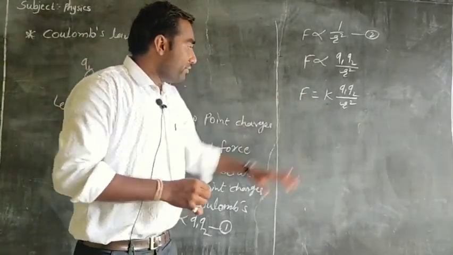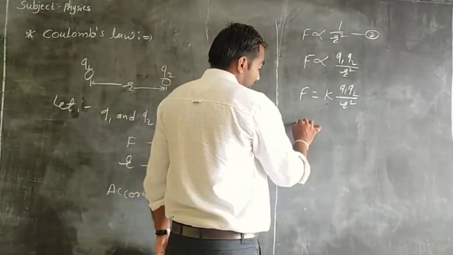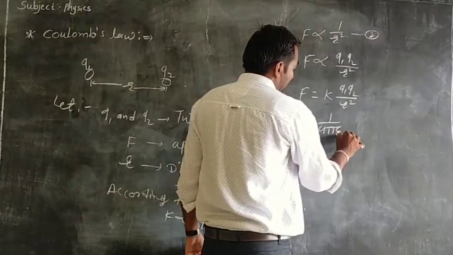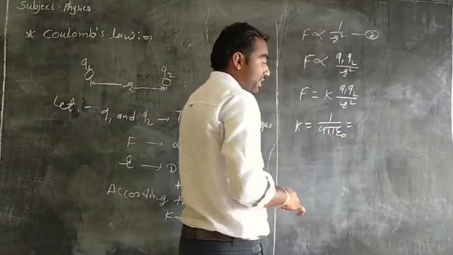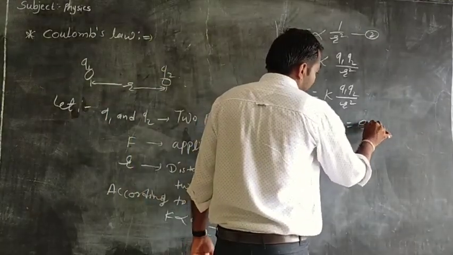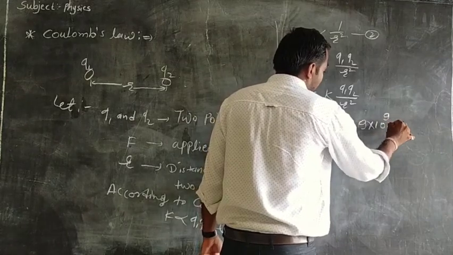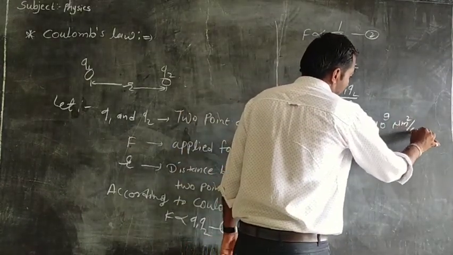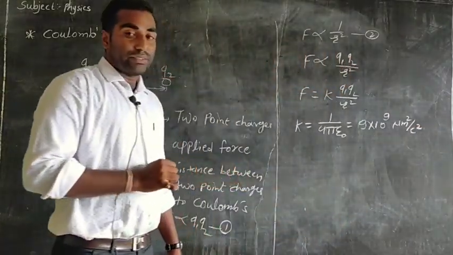In SI, k is equal to 1 upon 4 pi epsilon naught, and the numerical value of k is 9 into 10 to the power 9 Newton meter square per Coulomb square.